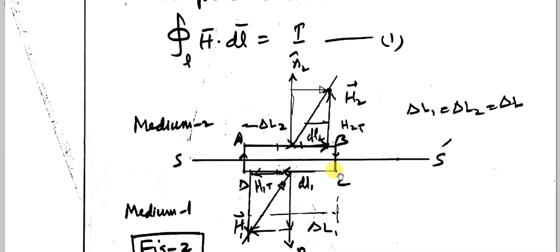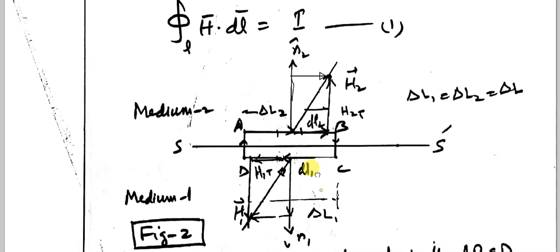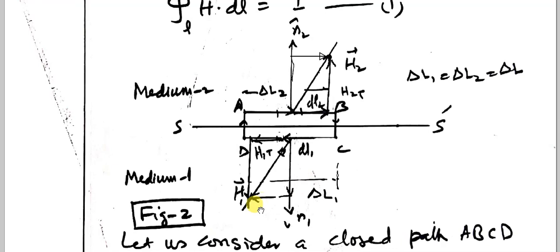We call that, in medium 1 it is having the field vector H1, and dL1 is a small length element we take in that particular medium, and dL2 in medium 2. H1 is the magnetic field intensity in medium 1, and H2 in medium 2.